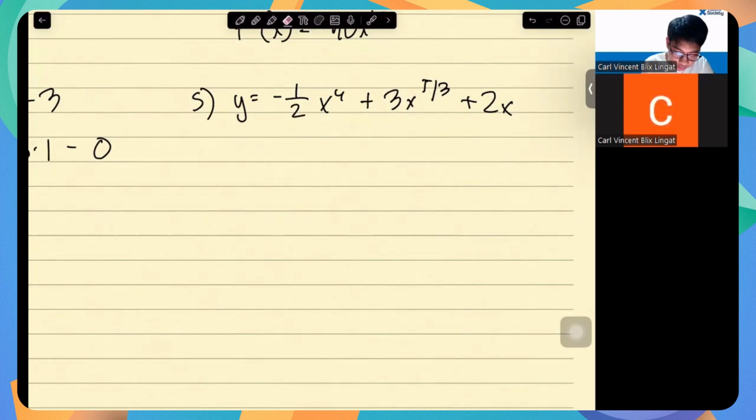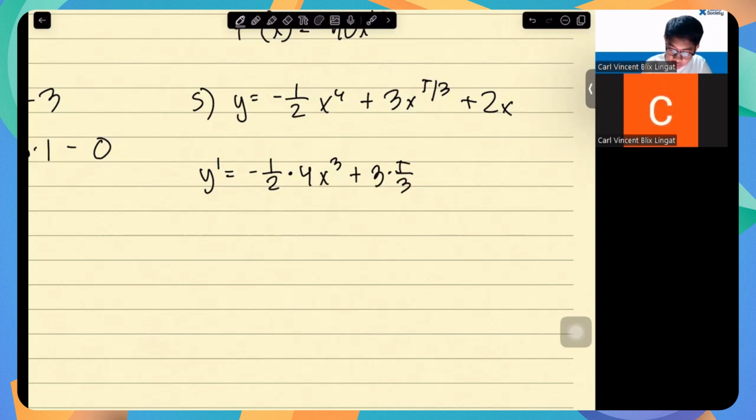Now we have y prime is equal to negative 1/2 times 4x raised to 3. Again, the power rule. That's why we brought down 4 and then subtracted 4 by 1. So we have 4x raised to 3. Now we have 3 times, bring down the 5 over 3.